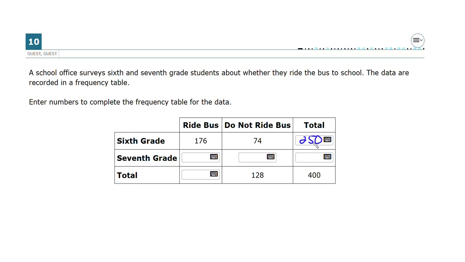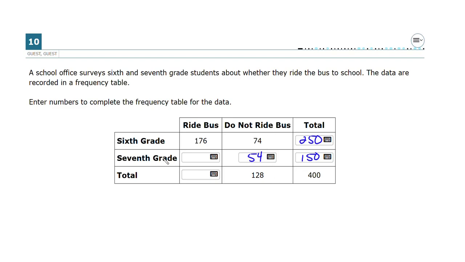Here, for our total number of students, 400 total students, 250 are 6th graders, so 400 minus 250 is 150. We could also look at do not ride the bus. 74 are 6th grade, and it's a total of 128. So we do 128 minus 74, and we get 54.